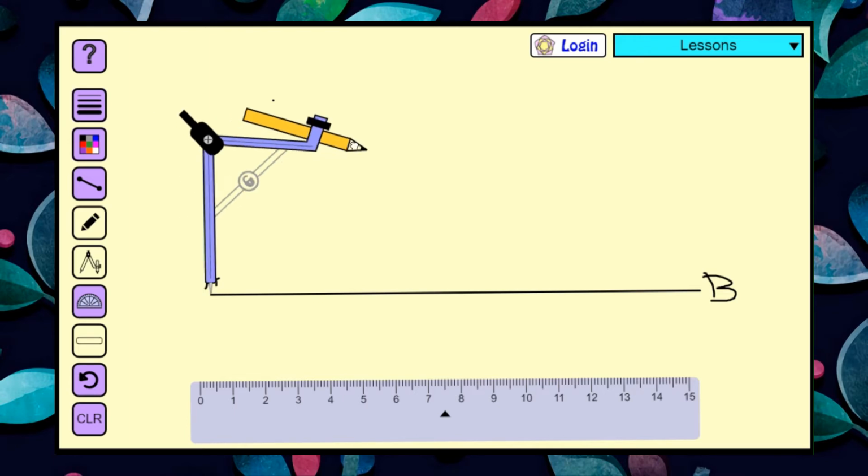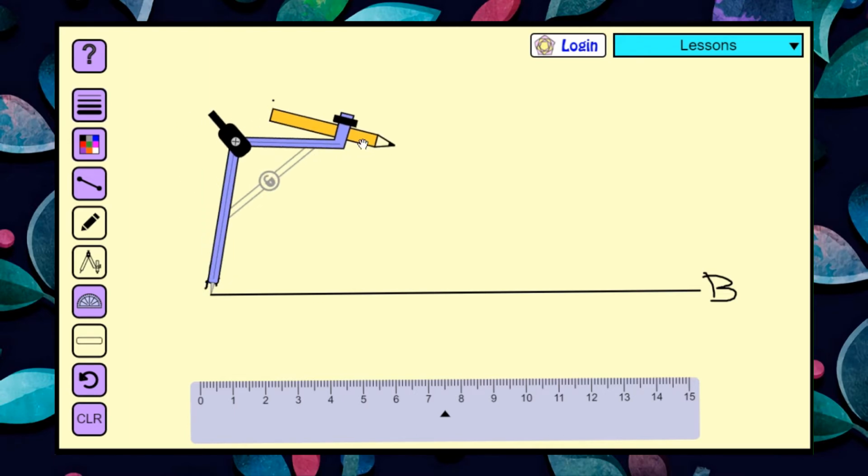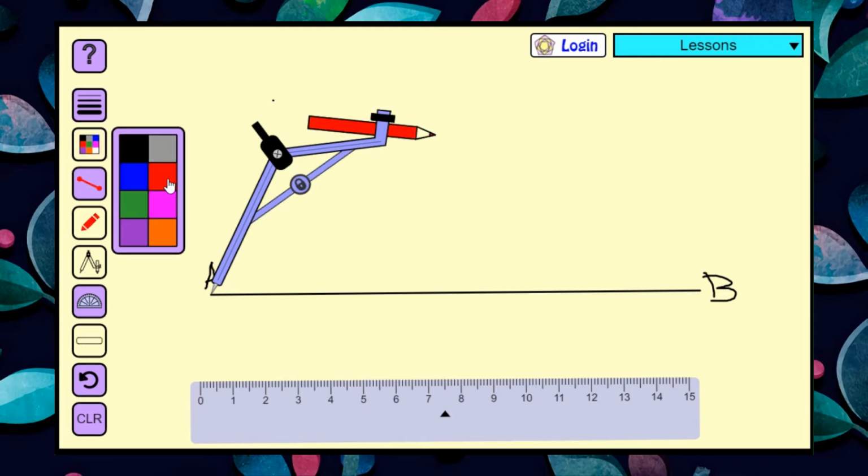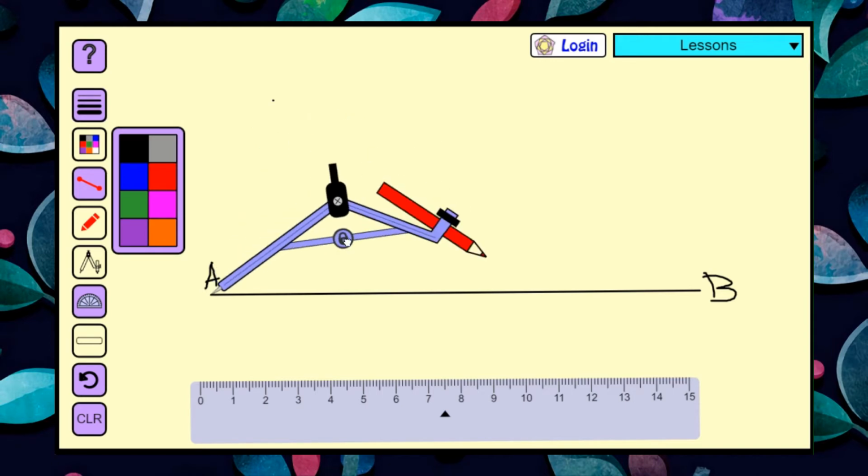So, i-unlock natin and then we need to have more than half of AB. And then draw arc cutting segment AB. Okay, so gamit tayo ng ibang kulay para mapakita natin yung arc natin.